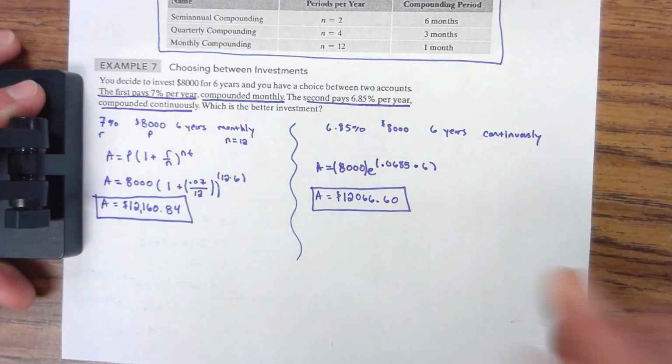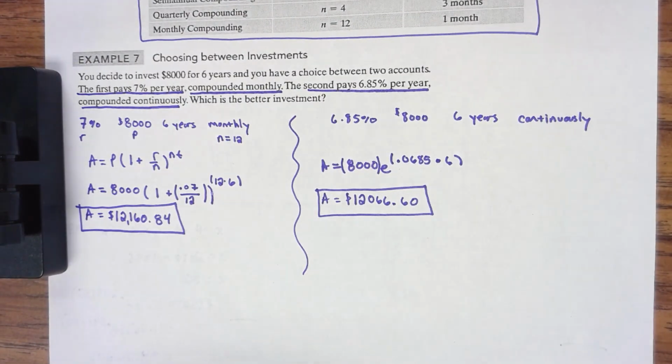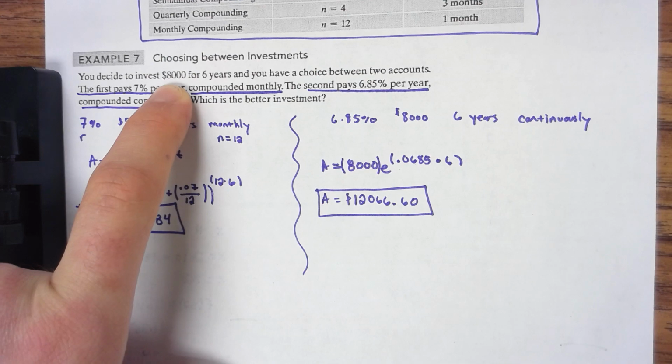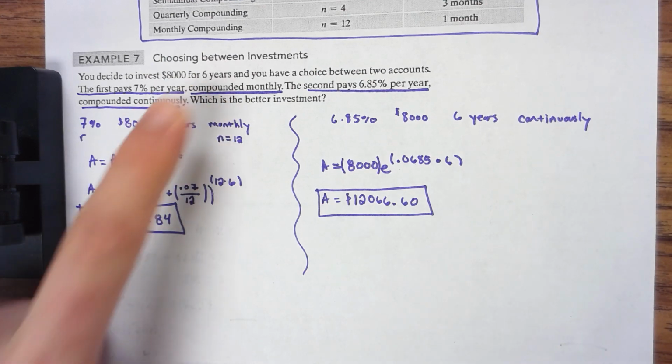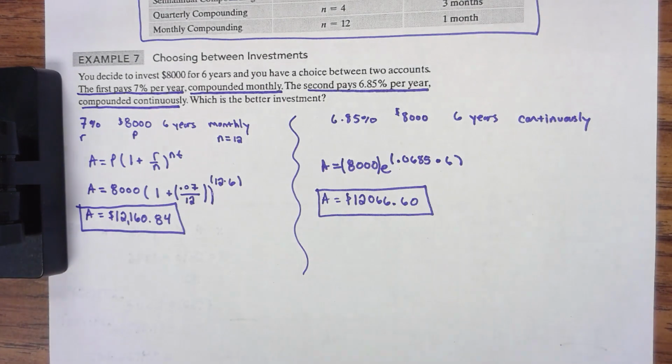So before we answer the question, this is why investments and gaining interest is so valuable. By putting $8,000 into this specific account and letting it sit for 6 years, both accounts are making over $4,000 for doing nothing, okay? Nothing at all. And that's, again, why so many people invest their money and find ways to just get income from that.